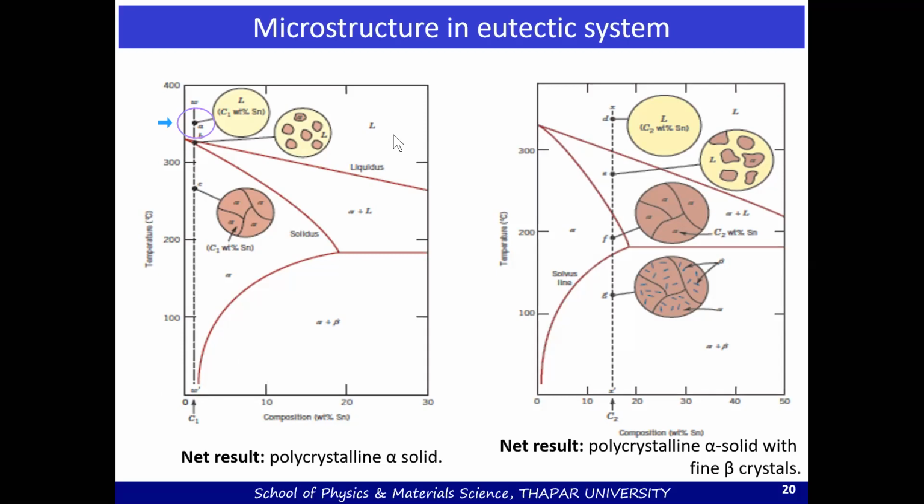We have not quantified that number, rather we wrote it as CL, or rather C1, the concentration of the liquid phase at point A. Remember, the concentration we are mentioning is in weight percent of Sn.